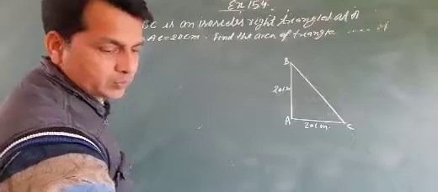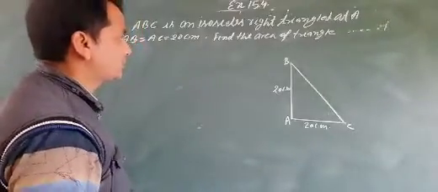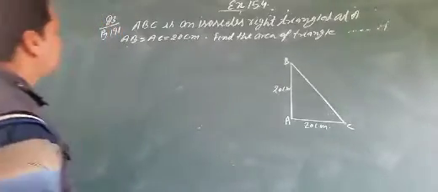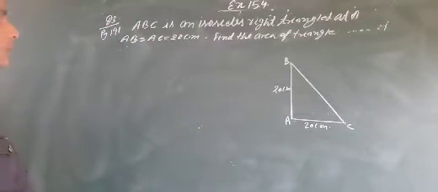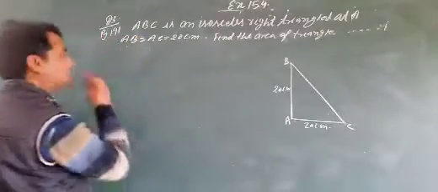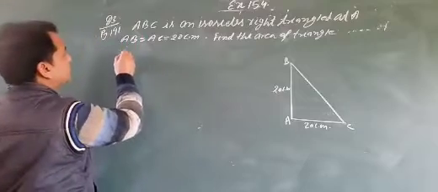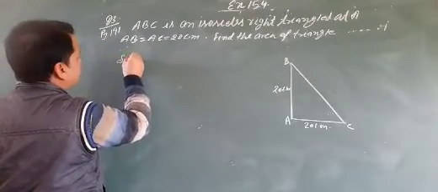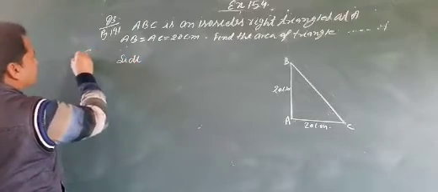Then AB equal to AC. Then the area of a triangle is 1 by 2 base into height. Now the solution.